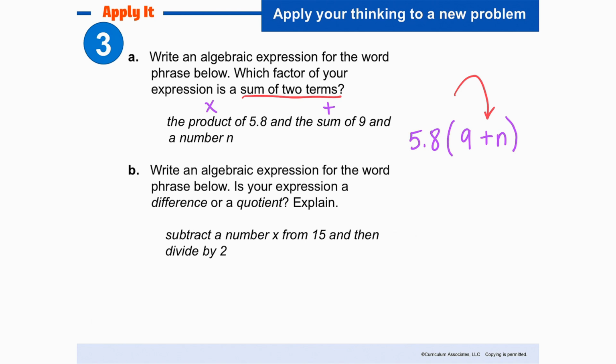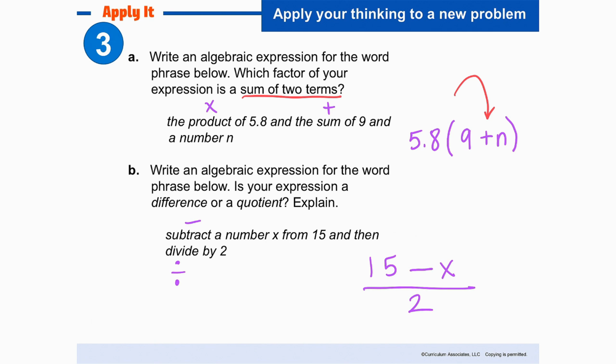Okay. In part B, an algebraic expression for the word, we're going to write it for the phrase below. Subtract a number. So subtract a number and then divide. So just looking at this expression, I know that I'm going to be using 2 operations when I'm writing my expression. Okay. So subtract a number x from 15. Then divide it by 2.